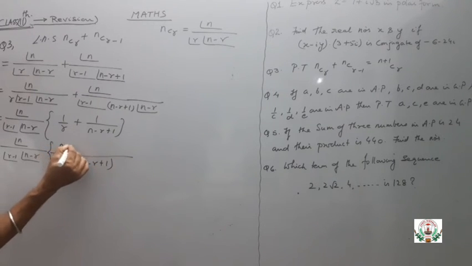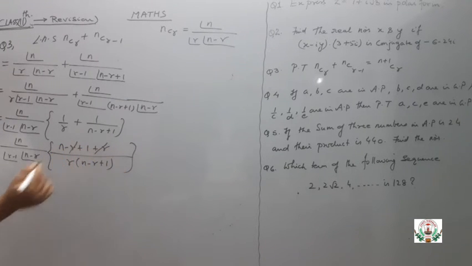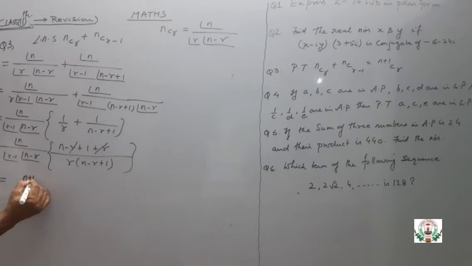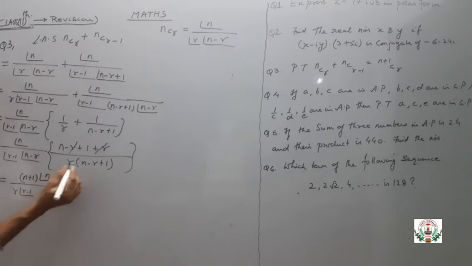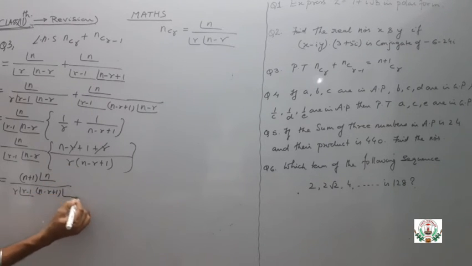So here in the numerator n minus r plus 1 plus r. So plus r and minus r cancel out. Now this n plus 1 can be written as n plus 1 factorial n, with r factorial r minus 1 and n minus r plus 1 into factorial n minus r in the denominator.